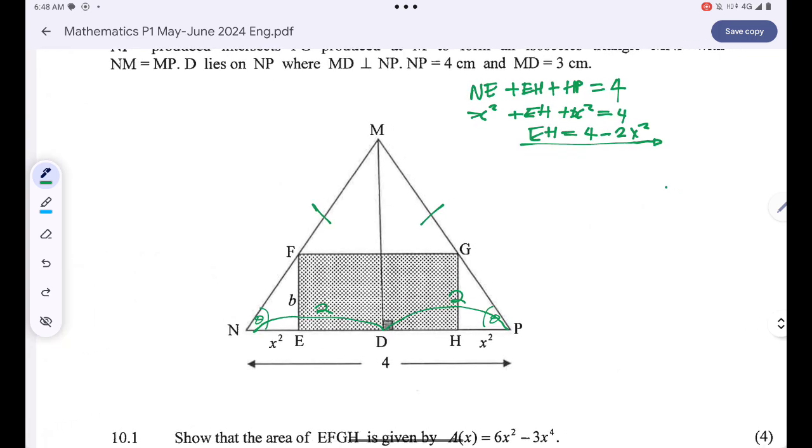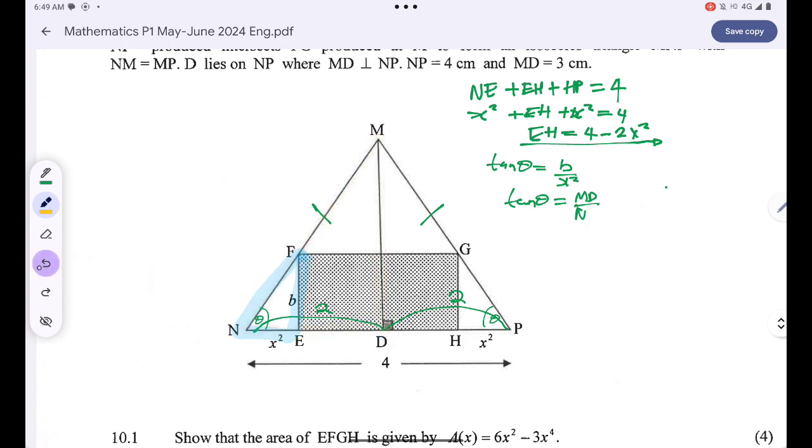I know that, remember, I want to find the value of B. I know that tan theta is equal to opposite B over x squared, when I'm looking at that small triangle over there. Tan theta is equal to B over x squared. But also, tan theta is also equal to MD over ND, whenever I'm focusing on that larger triangle. Tan theta is opposite, which is MD, all over adjacent, which is ND.